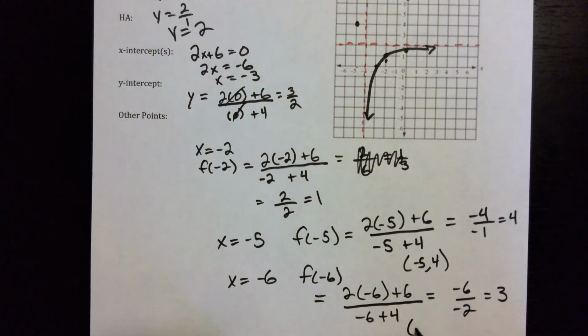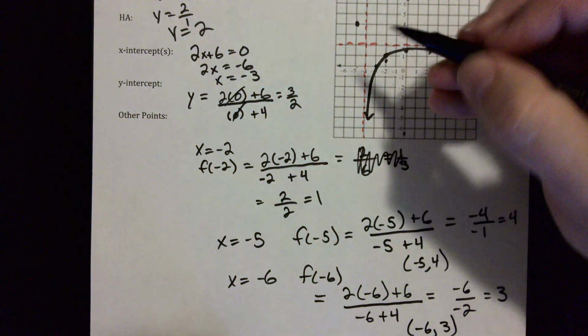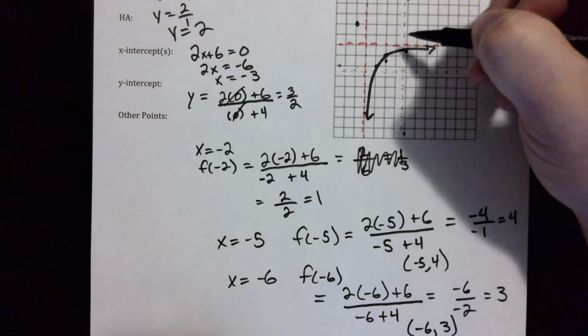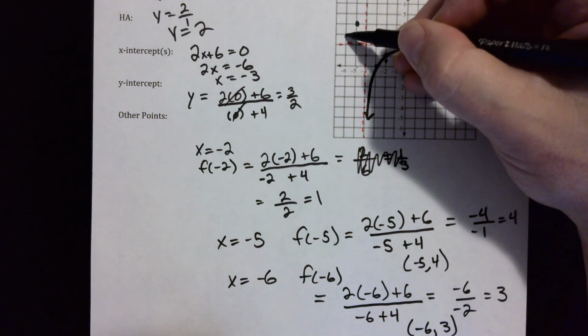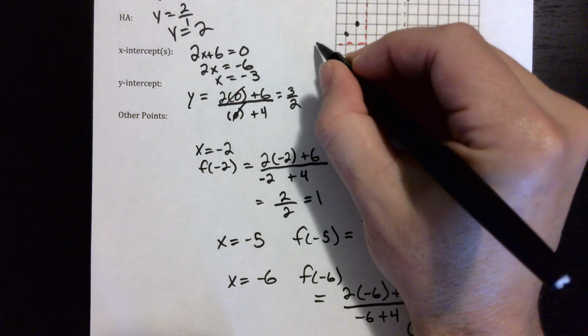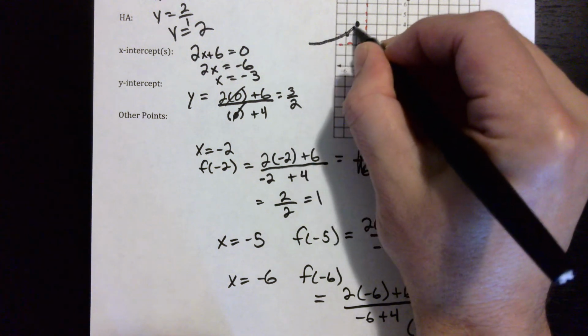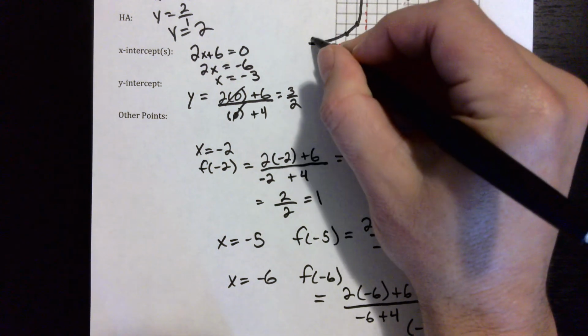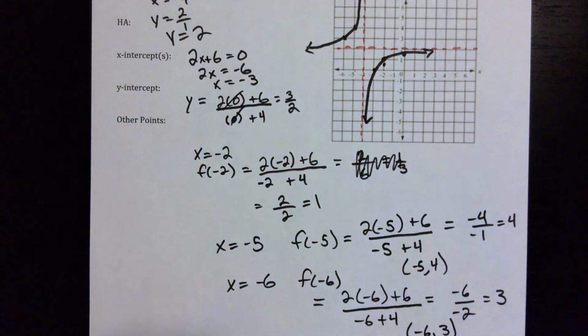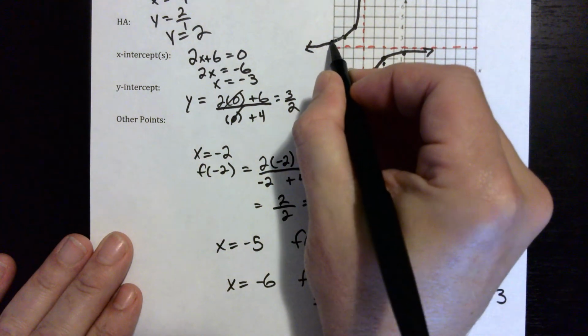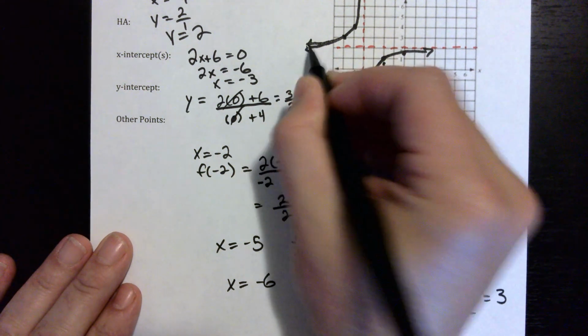So that gives us the point negative 6, comma 3. Negative 6, comma 3 is right here. Okay, so that gives us a pretty good idea that the graph is going to look like that. And it probably won't cross this line, so it'll probably go a little more steady out there than that.